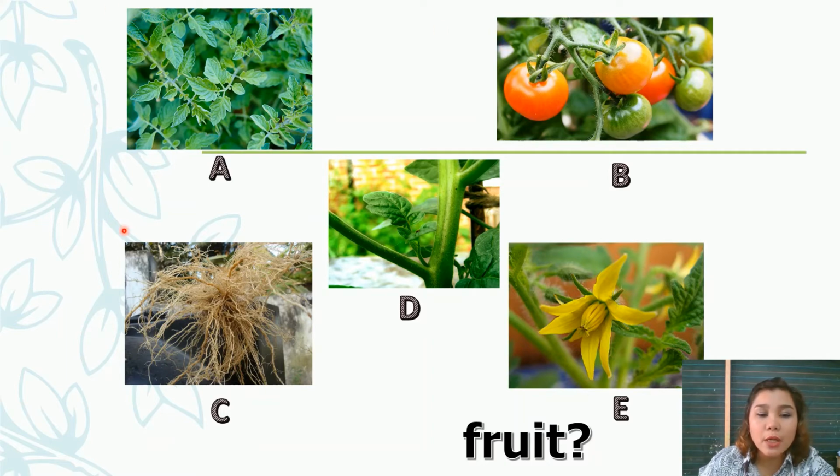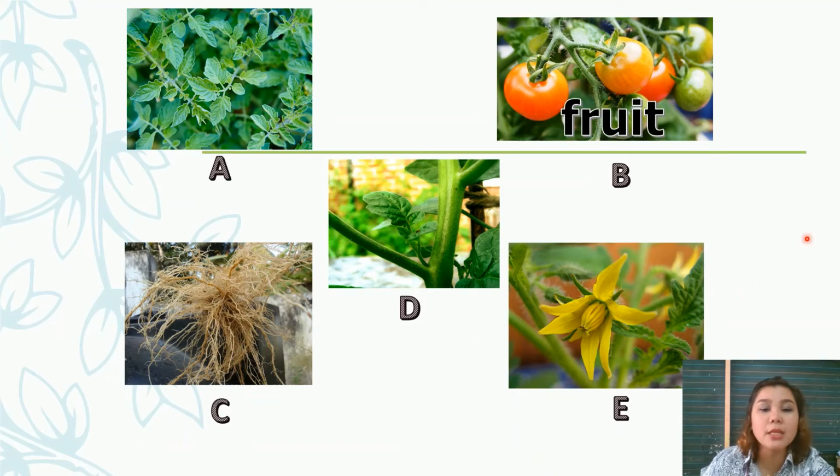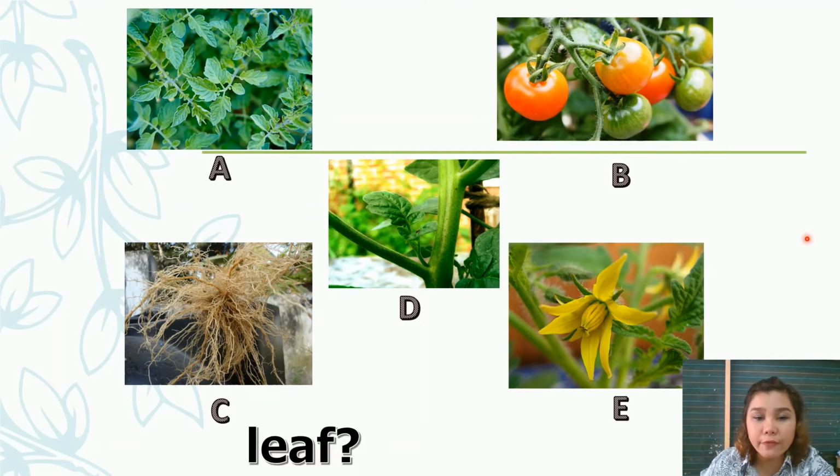C is already chosen. What we have left is A, B, D, and E. So which is the fruit? It's letter B.